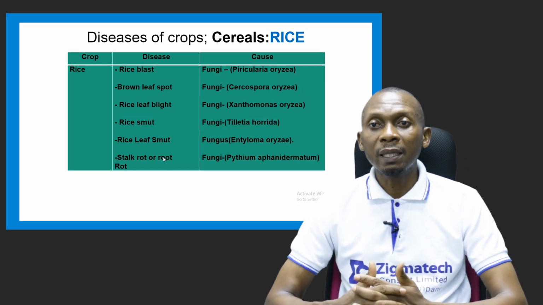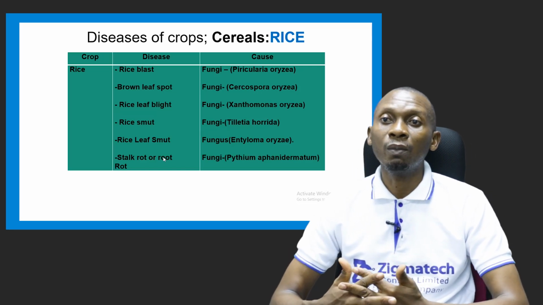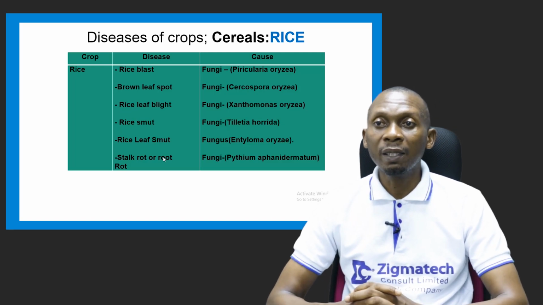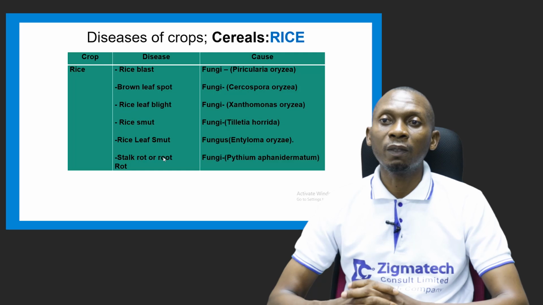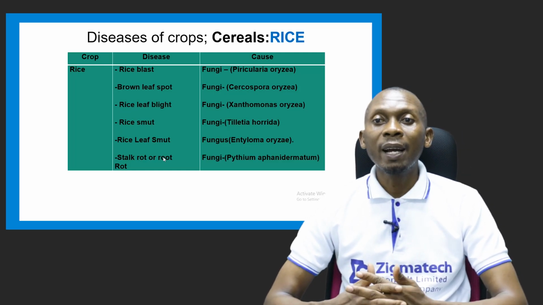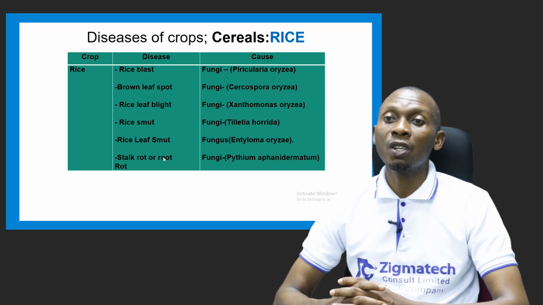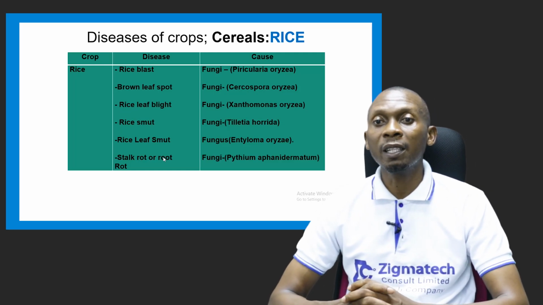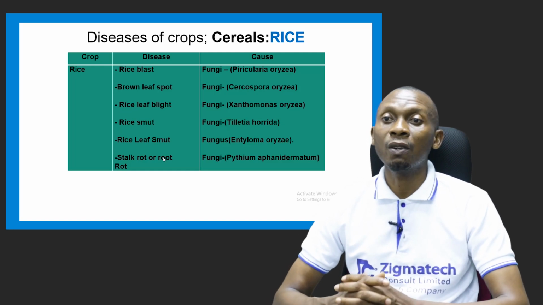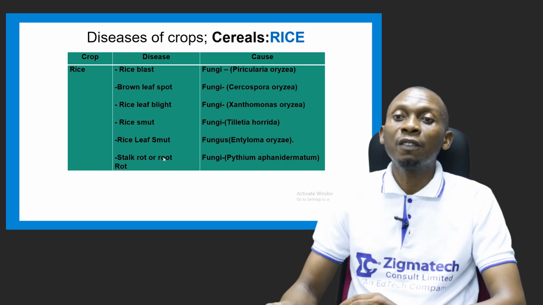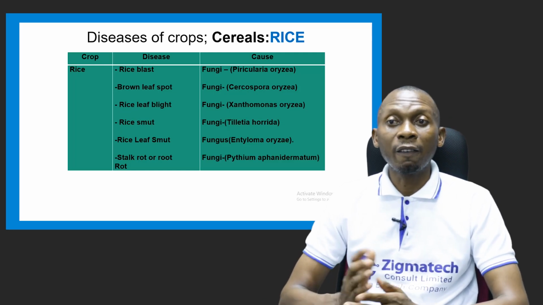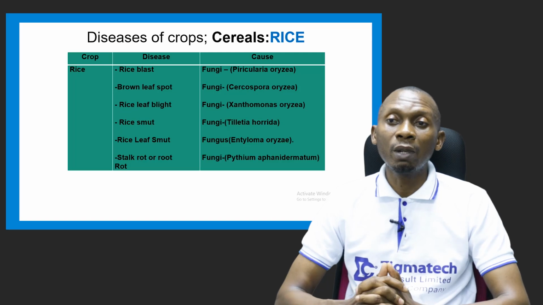Here we have some diseases: rice blast, which is a fungal disease caused by Pyricularia oryzae. We have brown leaf spot, a fungal disease caused by the fungus Cercospora oryzae. Rice leaf blight is also caused by Xanthomonas oryzae. We have rice smut disease caused by the fungus Tilletia horrida. We have rice leaf smut, a fungal disease caused by the fungus Entyloma oryzae.